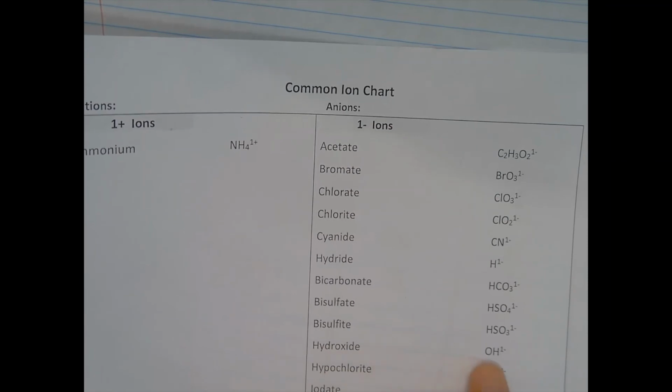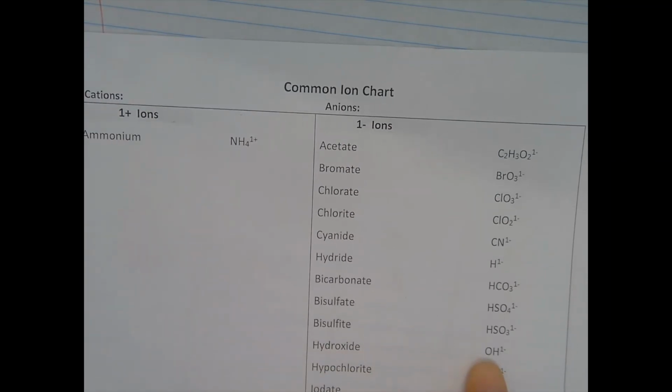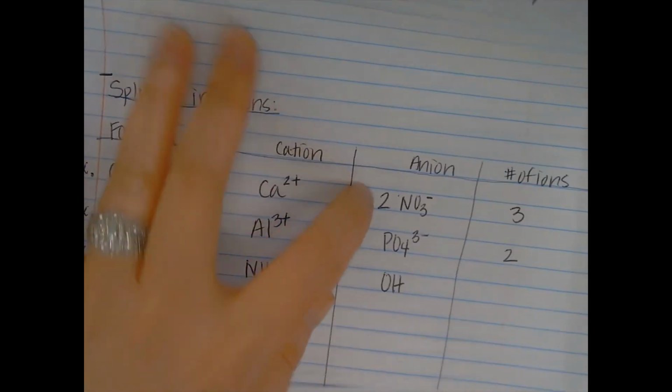Hydroxide. Okay, this is a tricky one because it sounds like something that would be on the periodic table, right? Because it ends in I. But hydroxide, just think about the name itself. Hydro, like hydrogen, and then oxide, like oxygen. So hydroxide is literally hydrogen and oxygen. And that's what we have here.